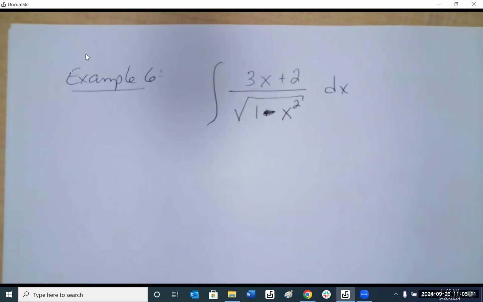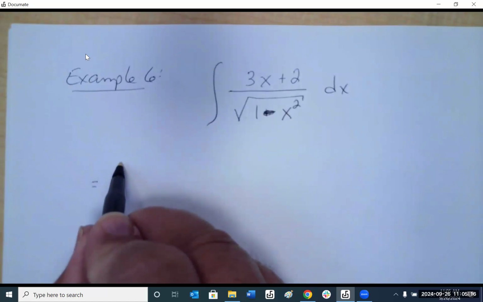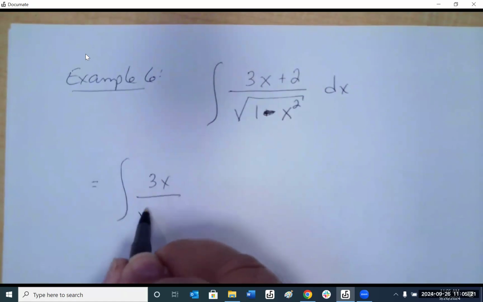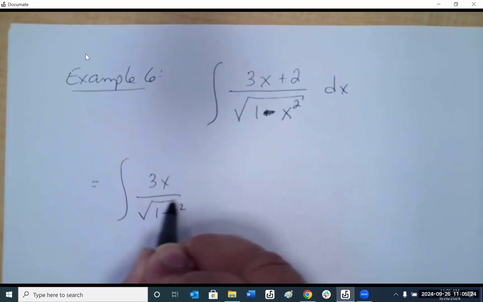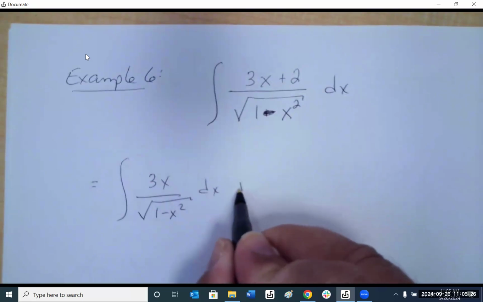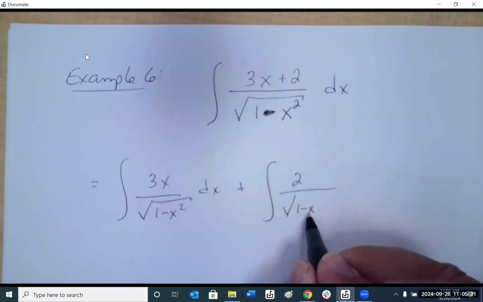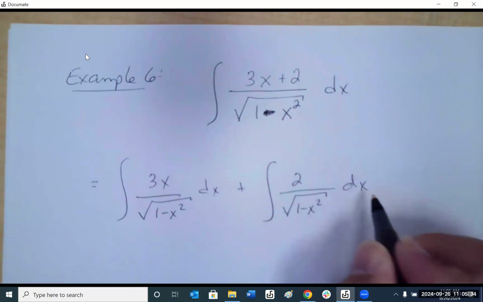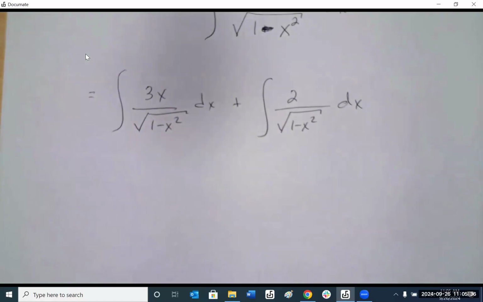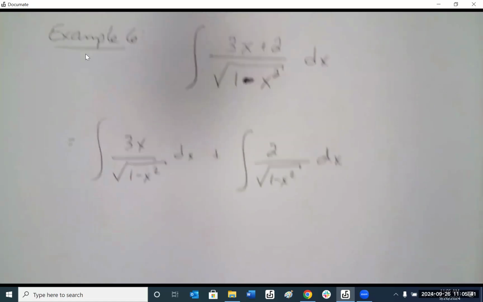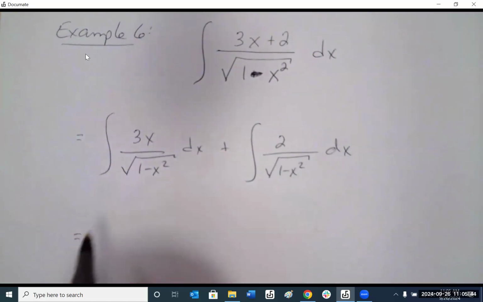So let's separate them, see if we can do anything individually. So we have the integral of 3x over the square root of 1 minus x squared dx plus the integral of 2 over the square root of 1 minus x squared dx. The 3 and the 2 are both constants.